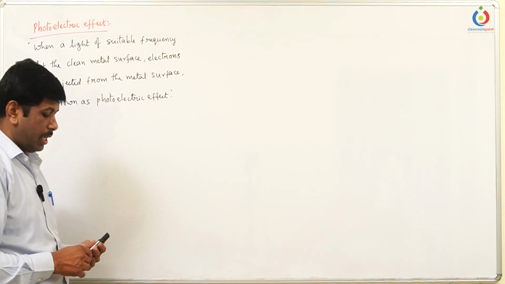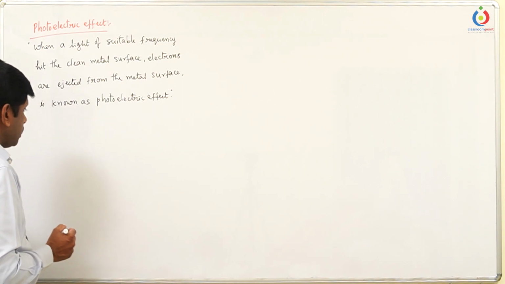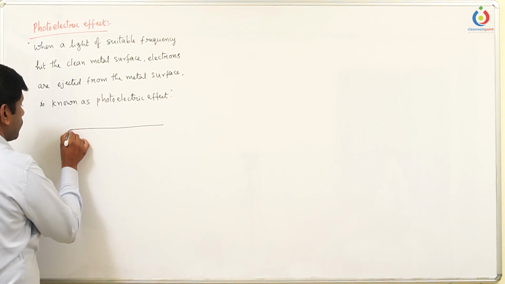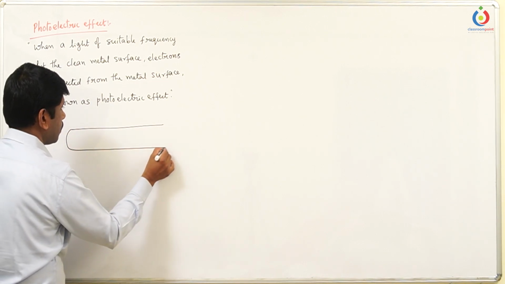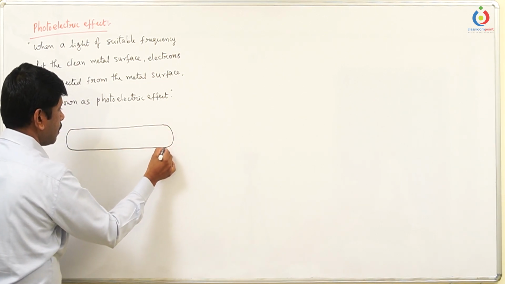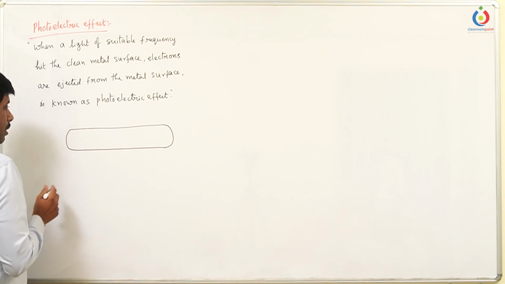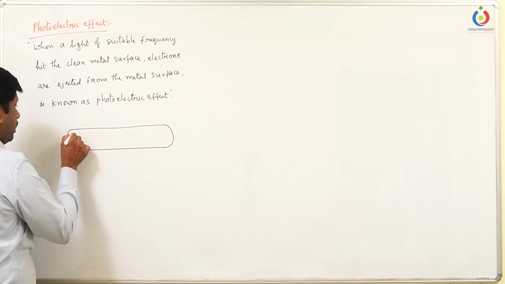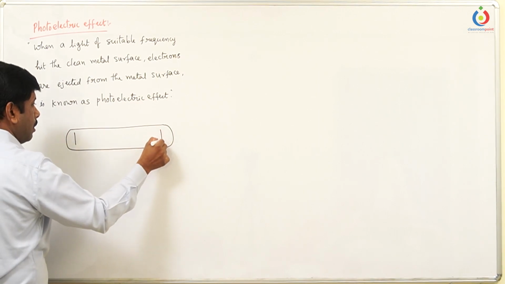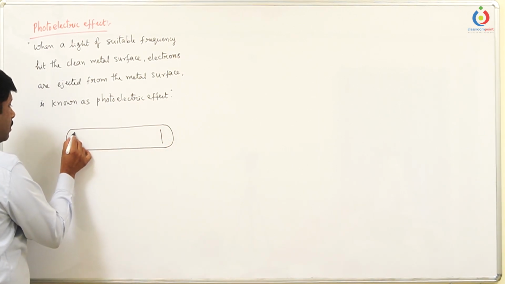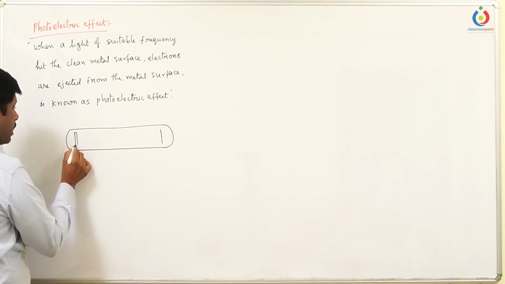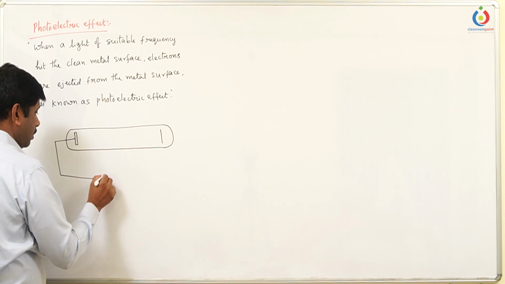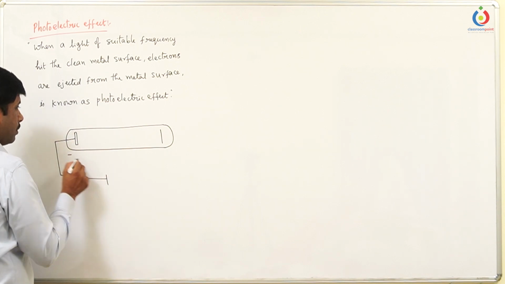So let's have a small diagram which describes this photoelectric effect. Here there is a glass tube in which we take the metal plates. This is our target metal, which is acting as cathode.